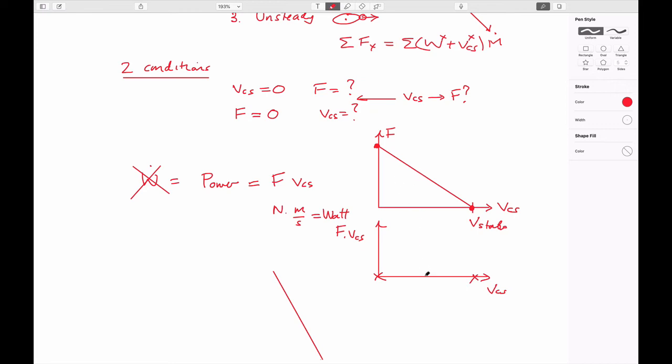But if you look at some intermediate value, which is here, it has both a magnitude of the force and also magnitude of the control surface. And so it'll give you a curve that looks like this, which gives you the power. So this is power in these particular units. Okay. So that is for linear momentum.